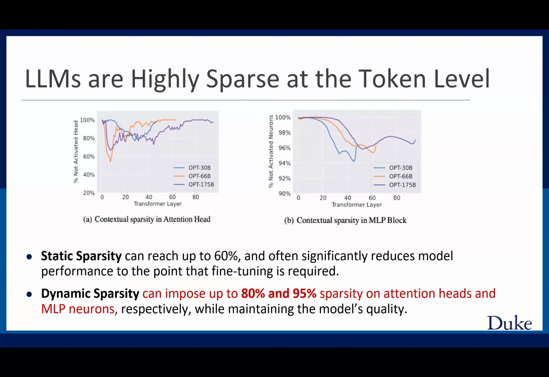For instance, our analysis for large language models demonstrates it could impose up to 80% and 95% sparsity on attention paths and multi-layer perceptron neurons respectively without hurting the performance. That essentially demonstrates great potential for efficient inference at the edge, where resources are highly limited.